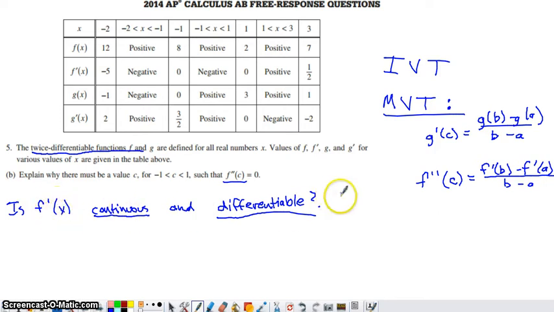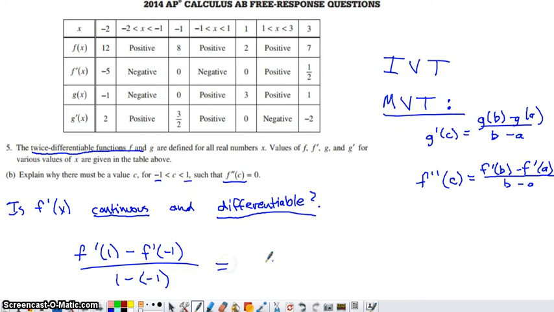So yes, we can use the mean value theorem, and we want to use it applied to f prime of x on the interval from -1 up to 1. I'm going to take the right side of this equation and put 1 in place of b, and -1 in place of a.